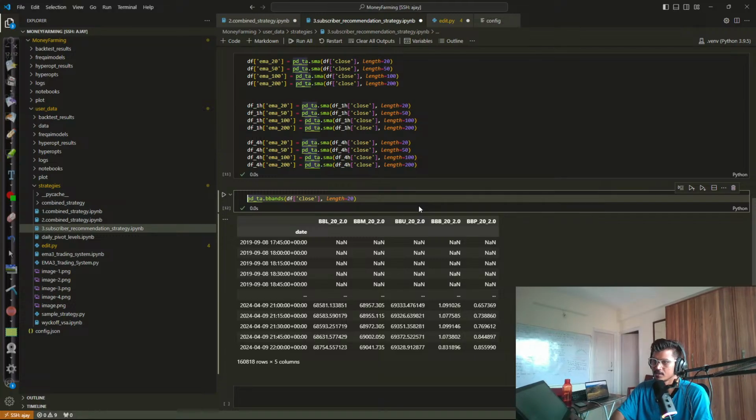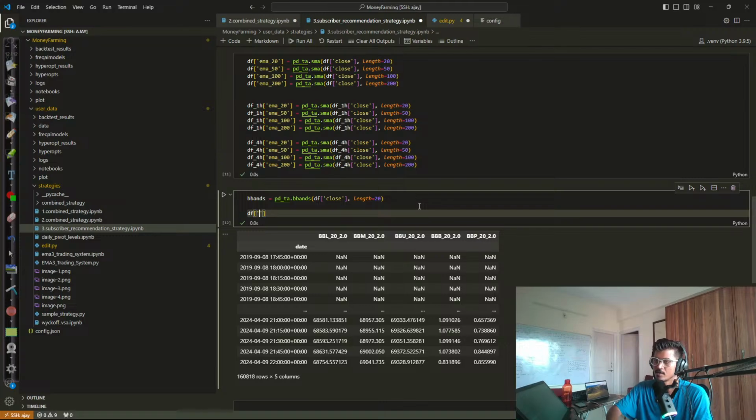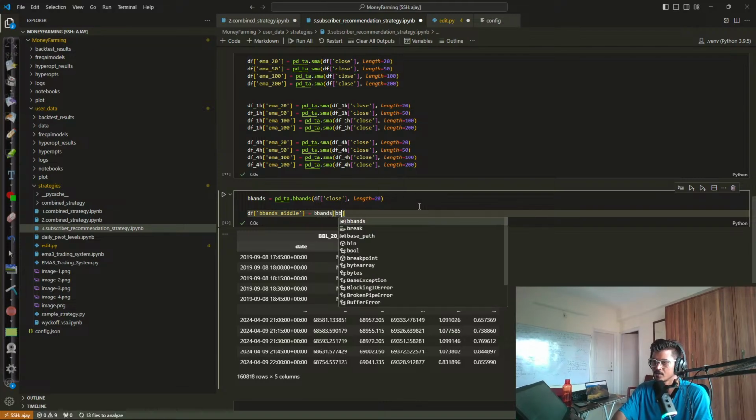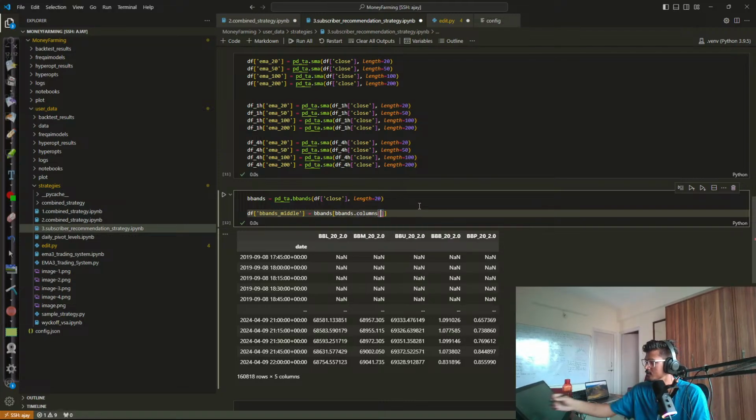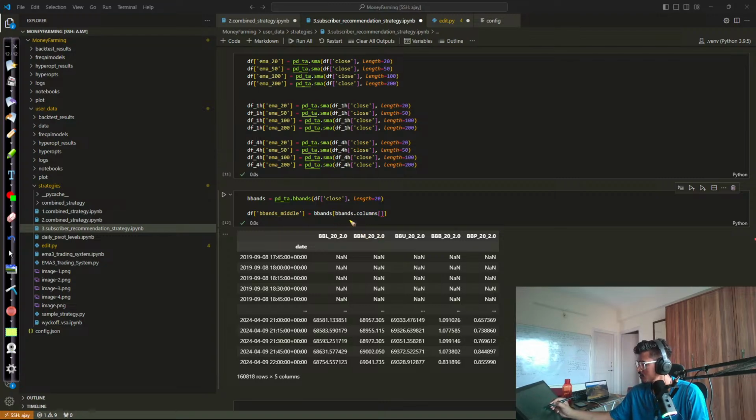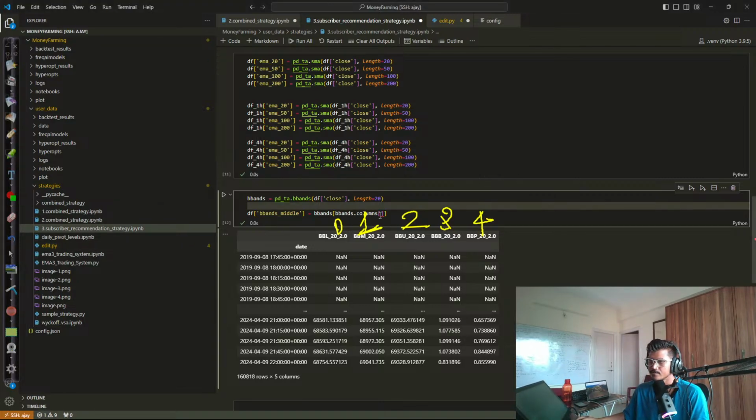How do we do that? This is our B bands, right? B bands middle, we get the TF B bands dot columns 0. So this is first column 0, this is first 1, 2, 3, 4. Okay, so we're gonna go and set it.